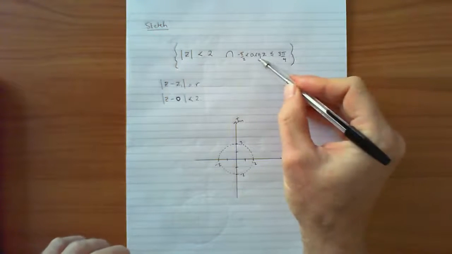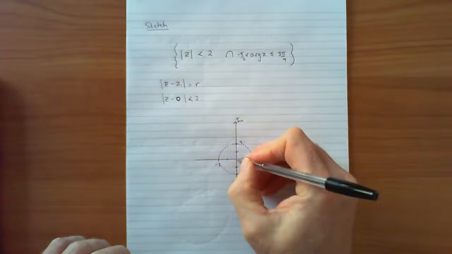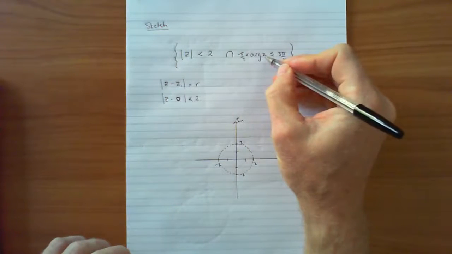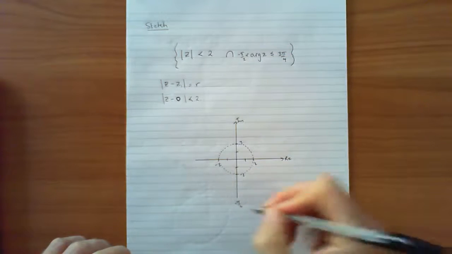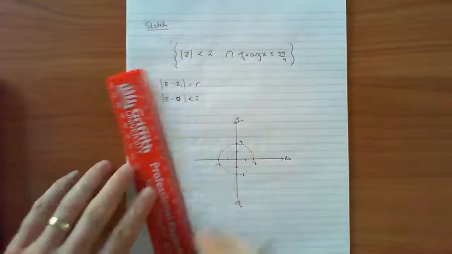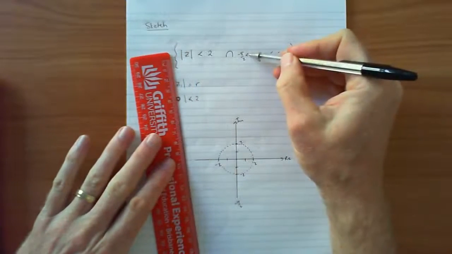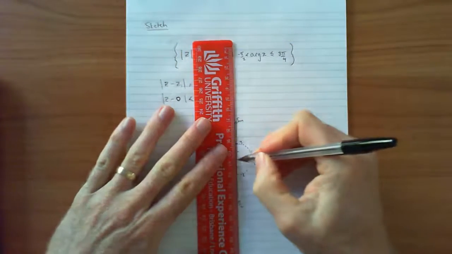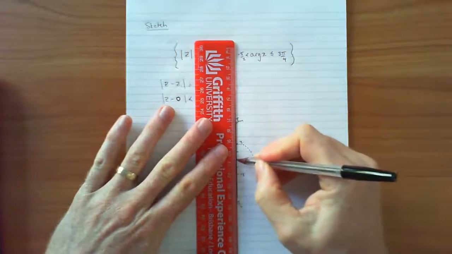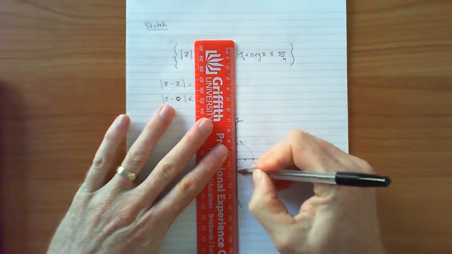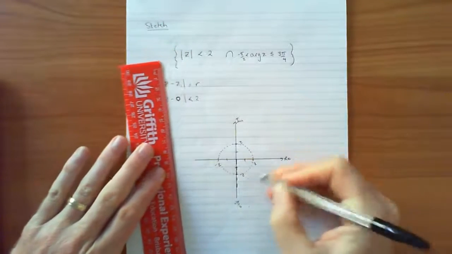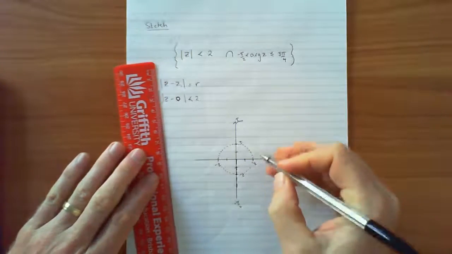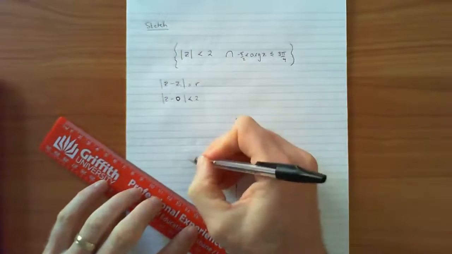The argument centered at the origin as well with this one. It has to be greater than negative pi on 2. Well, here's negative pi on 2 down here. It has to be greater than negative pi on 2. Notice it's not equal, so I'm going to need to dot negative pi on 2. And less than or equal to 3 pi on 4.